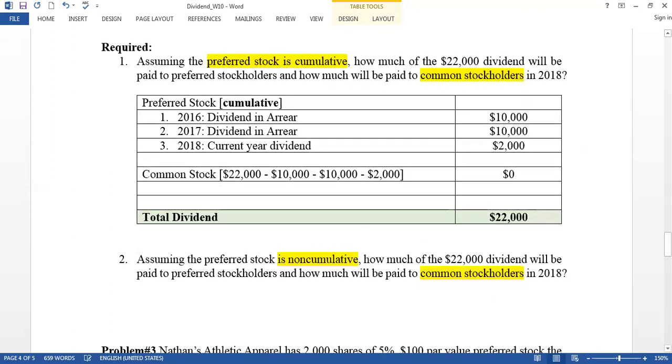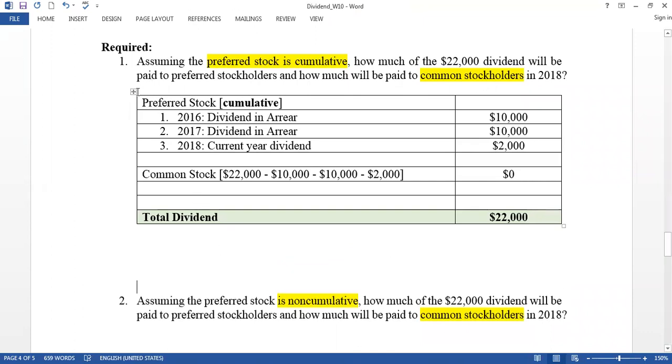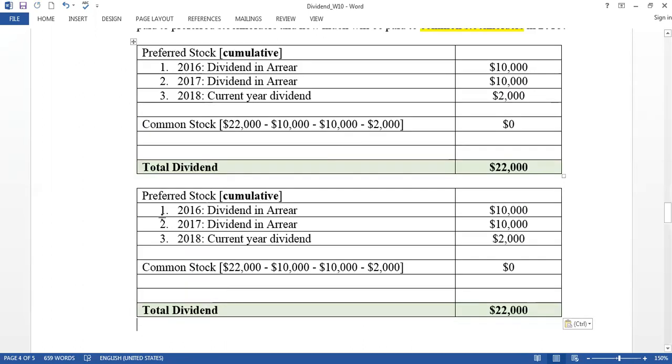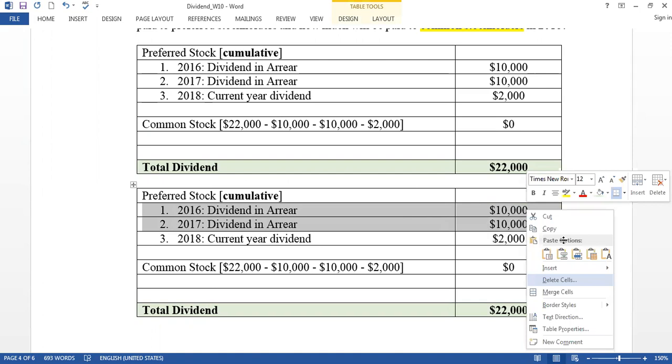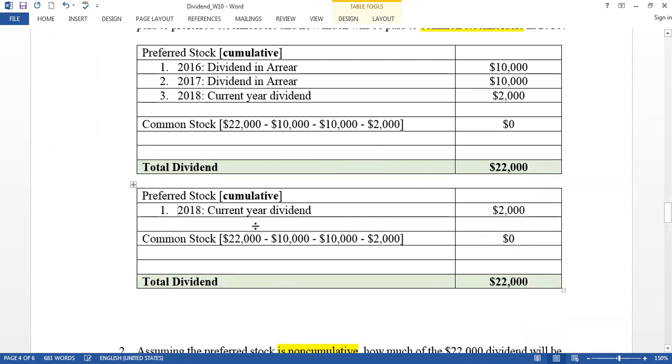So if I ask you a question, what is the dividend in arrear in 2019? What is the amount of dividend in arrear for 2019? That means if 2019 came, look at here. So what should be the amount here?